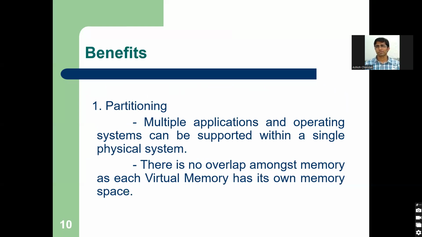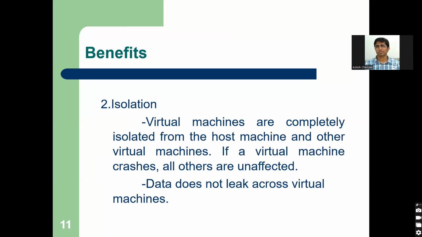There is no overlap among the memory as each virtual machine has its own memory space. Then isolation: virtual machines are completely isolated from the host machine. So there is no overlap and there is no problem of memory leak also. So these are the two main advantages of virtual machine.